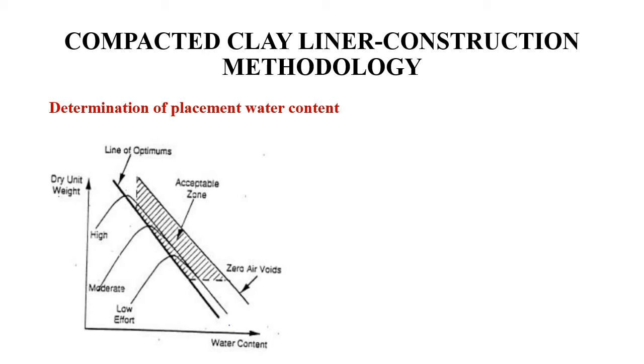Now the top limit will be served by this zero air void line, and the bottom limit will be served by this line of optimum. So usually for a liner material, a clay material to be used as a liner, if you want to achieve the lowest hydraulic conductivity, you have to choose the water content on the wet side of optimum.